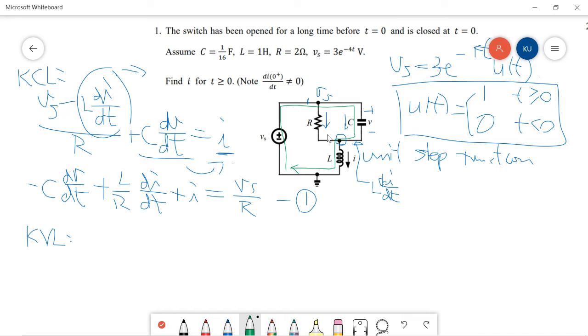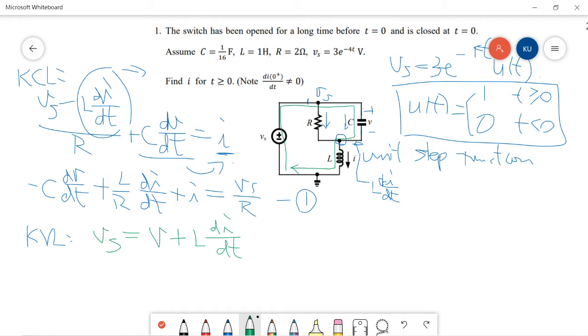Okay. So in this case, this is Vs. We may start from this node and then go to here. So it is Vs. And then the voltage goes up here and then we start to go down by V. So it equals V, and then this one plus L di/dt.